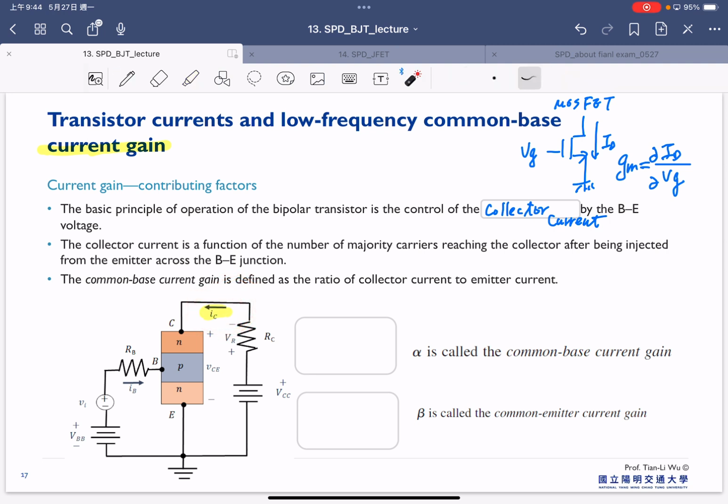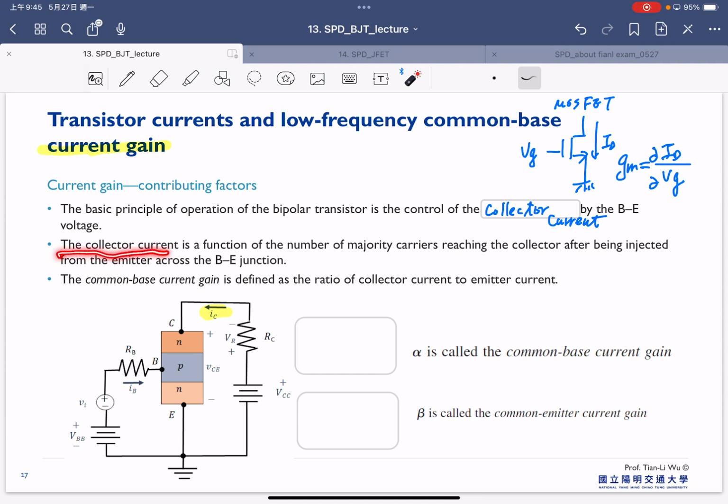This idea is very similar to the MOSFET, where the operation is to control the drain current by modulating the gate to source voltage. So the operation goal for the MOSFET and the bipolar junction transistor are very similar.